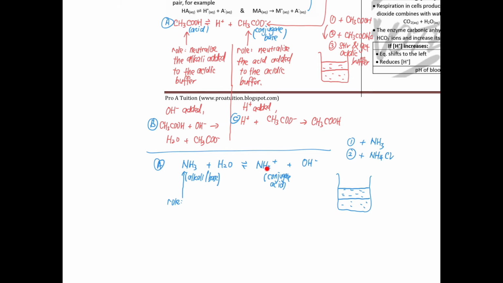So at the end you have large amount of base and large amount of conjugate acid. Both have large amount. So number 3, same like the above. Stir and get alkaline buffer. Okay. So now let's talk about their role. Their role, kind of reasonable one.